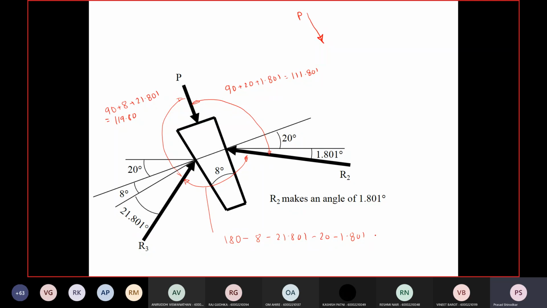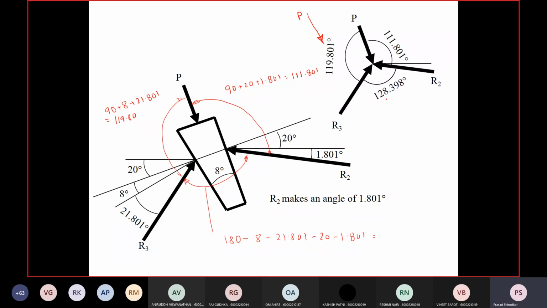And this angle? 128.398. Correct. So these are all the forces and the final angles I have calculated.